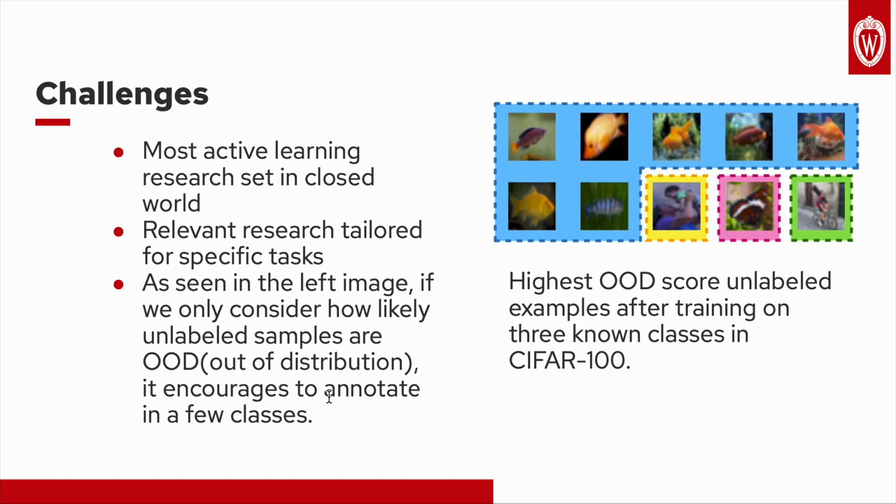When developing our method, another issue we face is that relying solely on traditional uncertainty measures like high OOD, out-of-distribution scores, can lead the model to focus on only a few unknown classes. This is because the highest scoring examples might come from a narrow subset of data, causing the annotated set to be unrepresentative of the full diversity in the unlabeled pool.